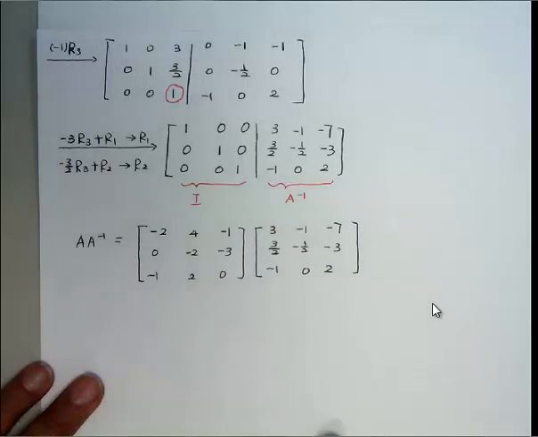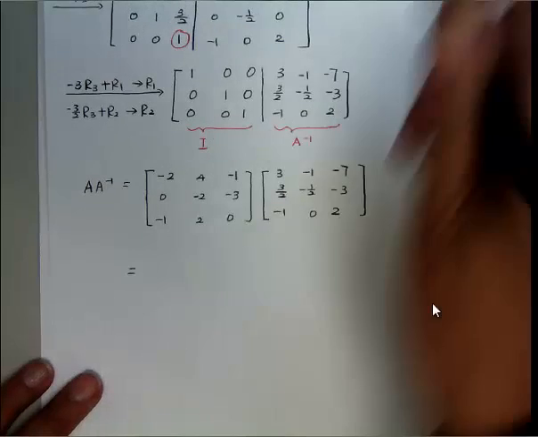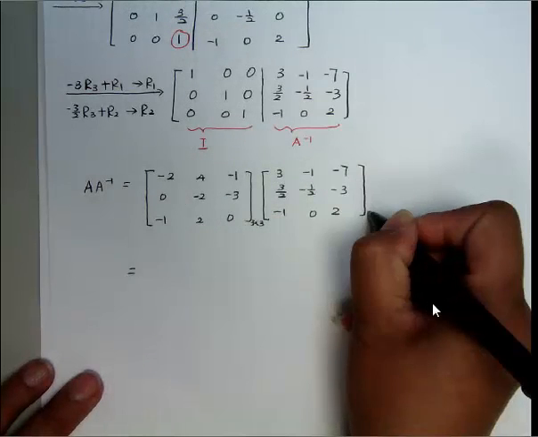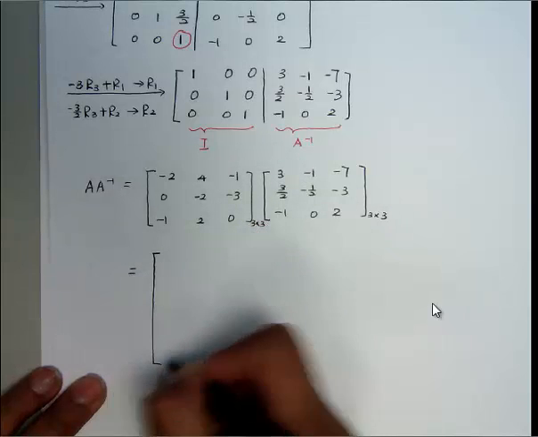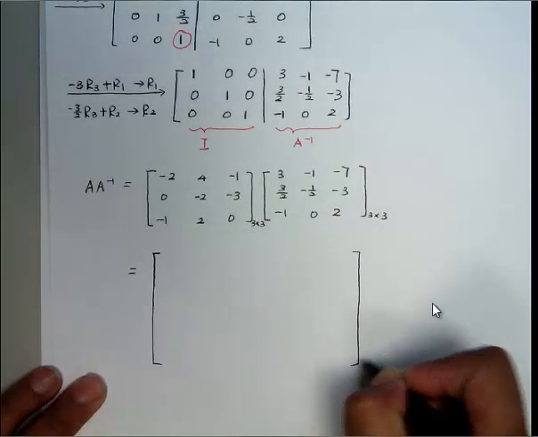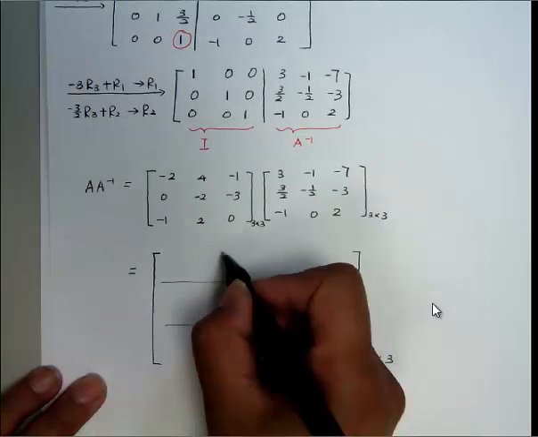Okay. Remember how we multiply the matrices? This is 3 by 3, multiplied by 3 by 3, right? So your result will be 3 by 3 as well.